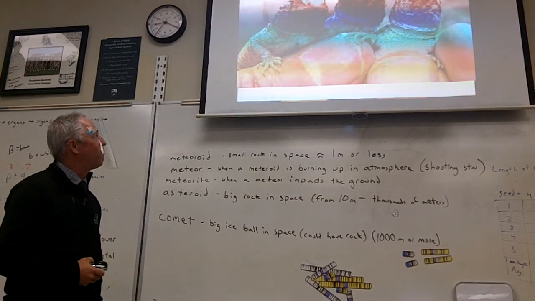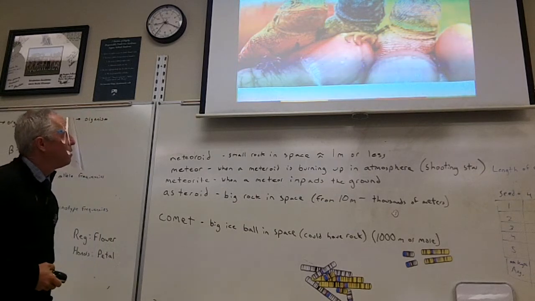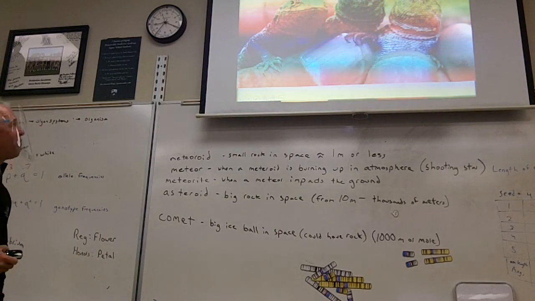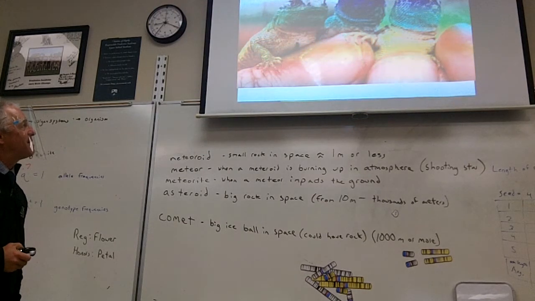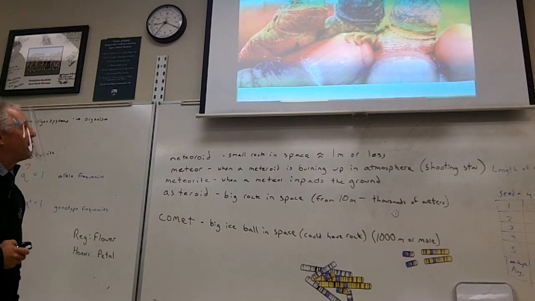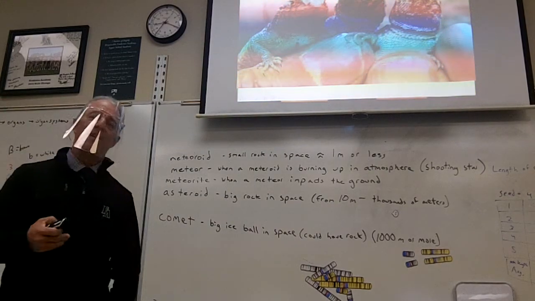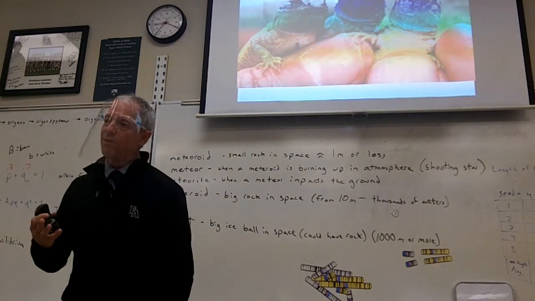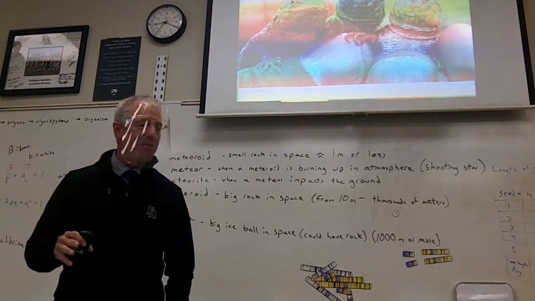What about negative frequency dependent selection? When we say frequency dependent, that means the selection is dependent on the frequency. Sometimes you can figure these things out just by reading the words. When we say it's dependent on the frequency, we mean how many.